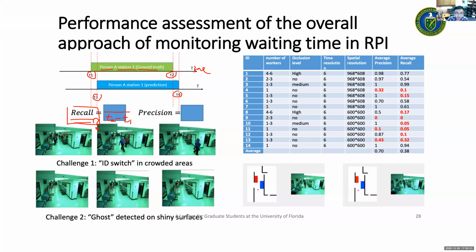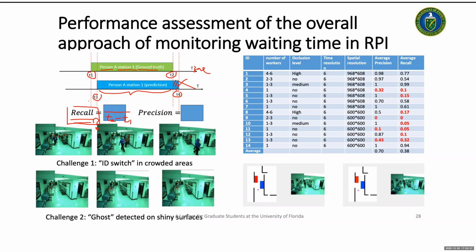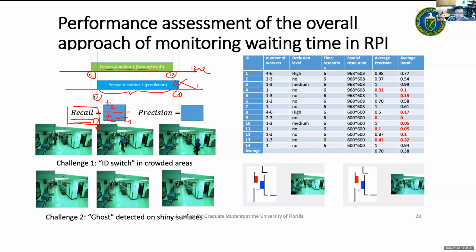No, because I know this portion is incorrect. So which portion is correct? T3 minus T4? No, that's a negative number. What should it be? This portion is T2 minus T3, right? Yeah. T2 minus T3.